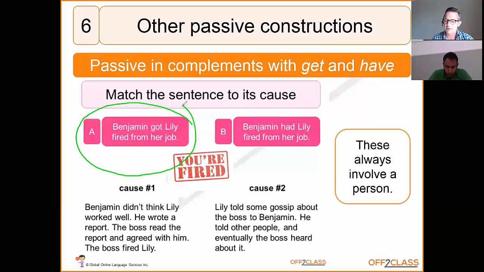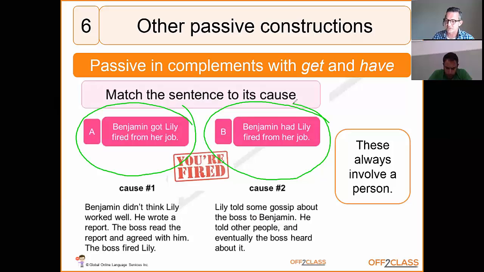So here we've got Benjamin got Lily fired from her job, and on the right hand side a sentence where have is used instead: Benjamin had Lily fired from her job. This is quite a difficult form for a lot of students to grasp. Not the form, but the actual difference in meaning is challenging for them to understand, because both of them in a sense are causative.